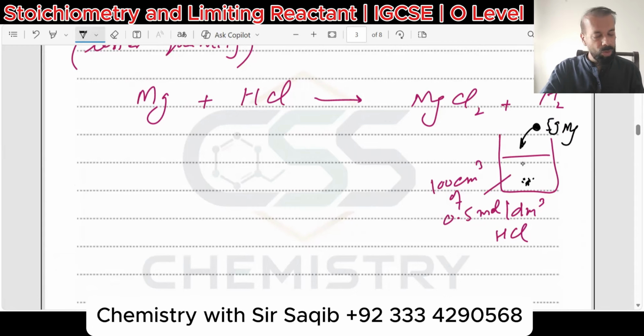Okay. So the reaction will be Mg will react with HCl and will form MgCl2 and hydrogen. Balance this equation. So you are given information regarding your Mg and also for your HCl.